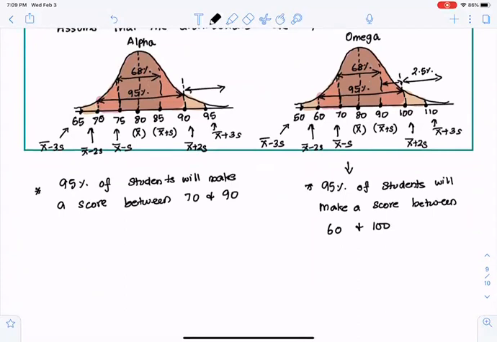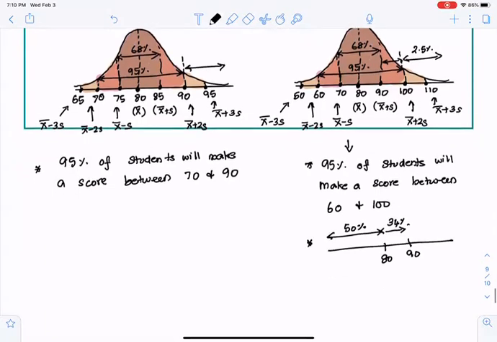If we look at the graph, for Professor Omega, 50% of the students score below 80, and then about 34%, which is half of 68, score between 80 and 90.